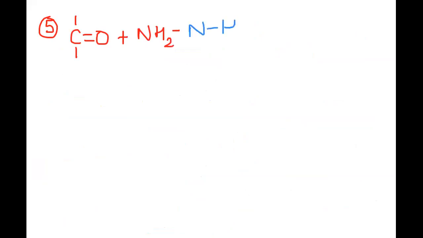Again, the carbonyl group is taken, C double bond O. This is made to react with NH2, and the Z that we are taking is 2,4-dinitrophenylhydrazine. This has NO2 groups, and is also called DNP in short. Now this is an attachment.